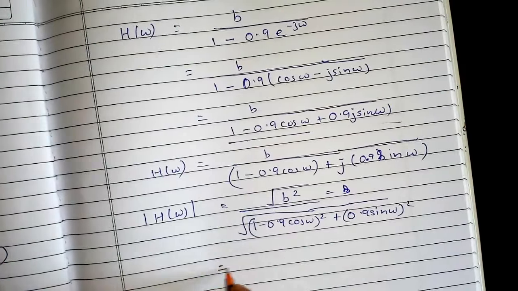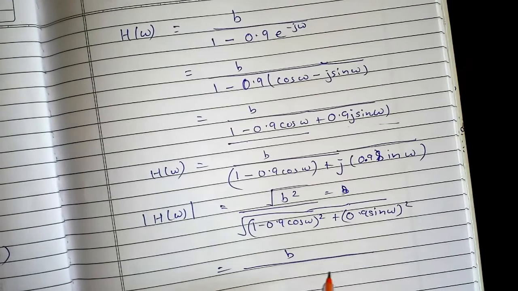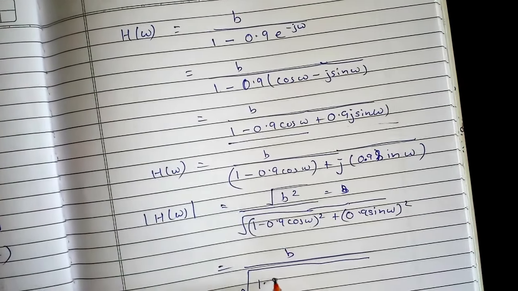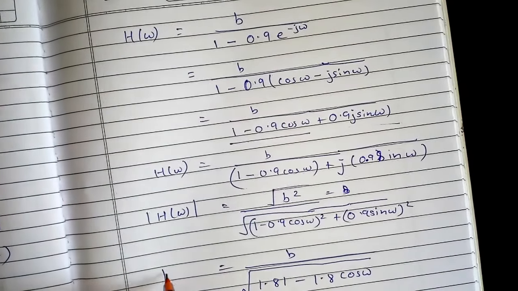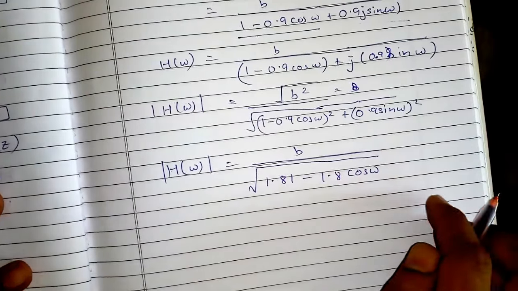On solving this, I will finally have b upon under root of 1.81 minus 1.8 cos omega, which is the magnitude of h of omega.